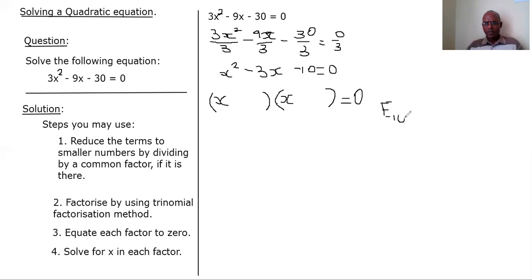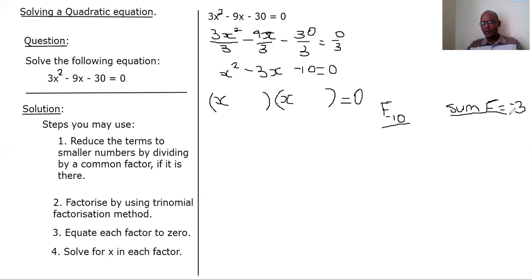When I add them, they must give me a sum equal to our middle term. I'm just going to make use of the coefficient here. So the sum of factors must be equal to negative 3.